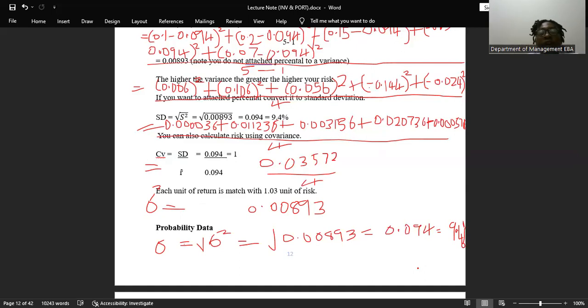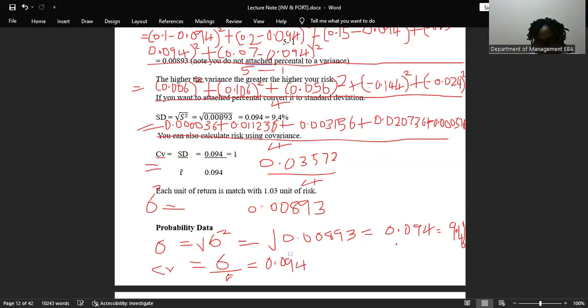Another thing we can calculate for is covariance. Covariance. That is what we receiving to represent it. That is equals to standard deviation over expected return, the one we calculated out there. Okay, and our standard deviation is what? 0.094.